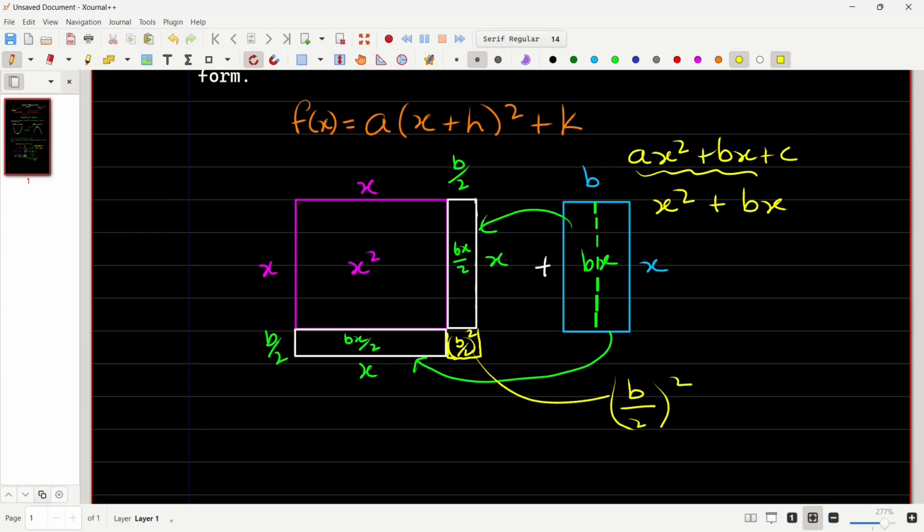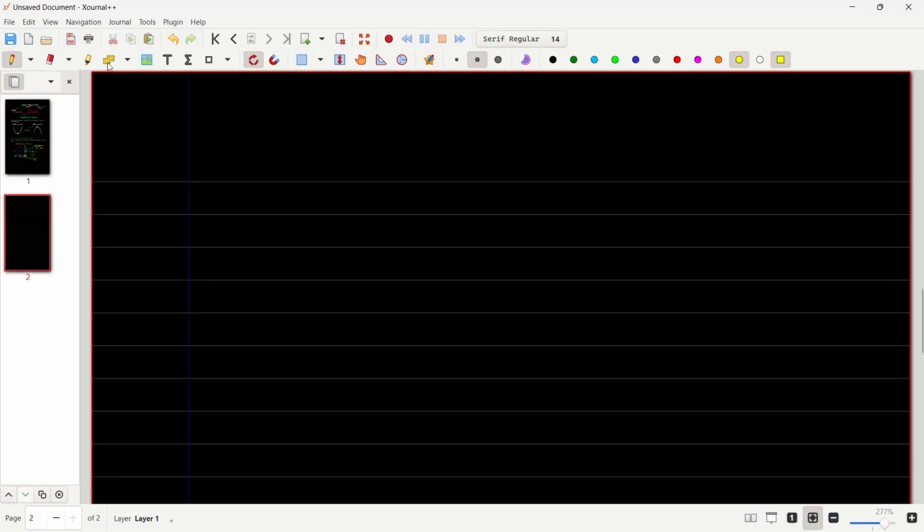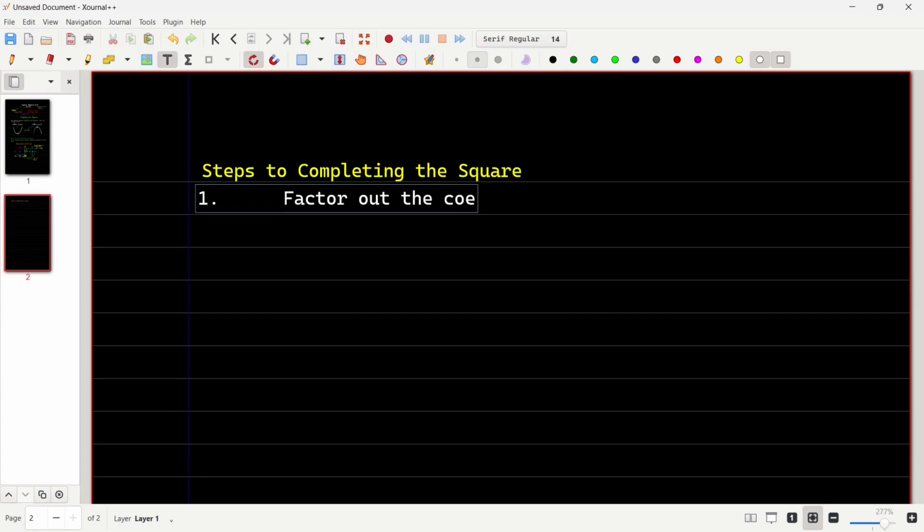All right? So I'm going to outline some steps in which we can do this, and we'll see what's happening here. Let me just put this in a text, and we'll say steps to completing the square. All right? And first one, and I'm going to put it in white. First one is to factor out the coefficient a from the x squared term.